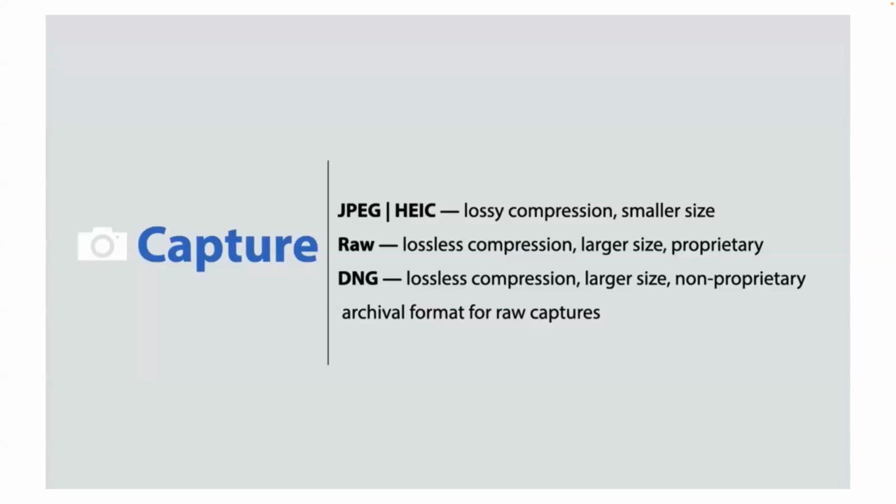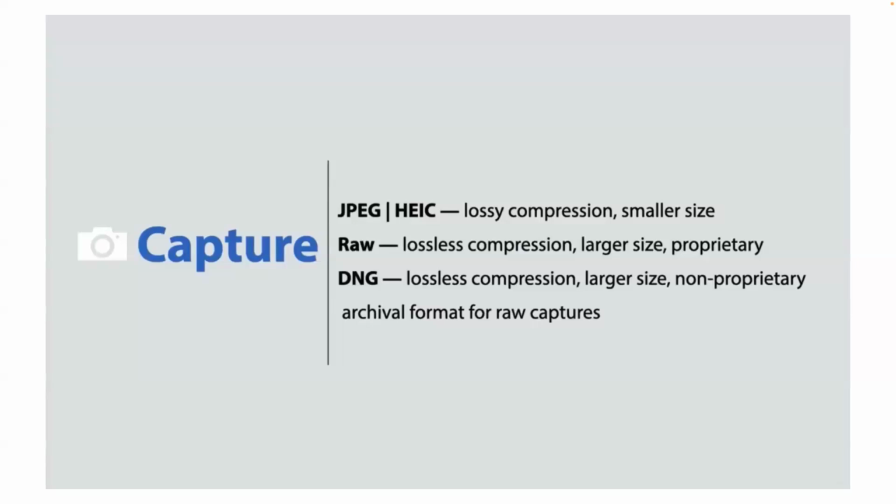The thing with raw images is that they are what's called proprietary. That means different companies have different formats and they keep them secret. Canon has its own proprietary raw format. Nikon has its own. But there's also one called DNG.